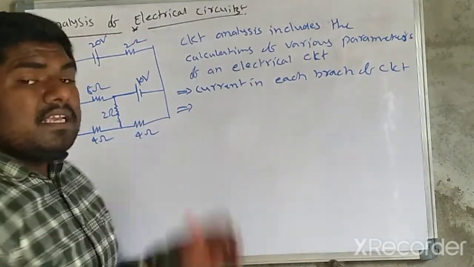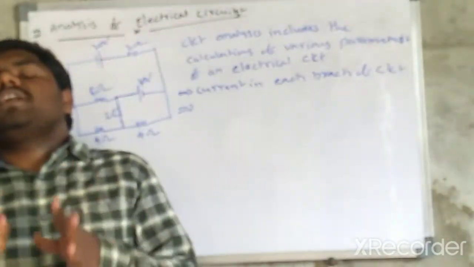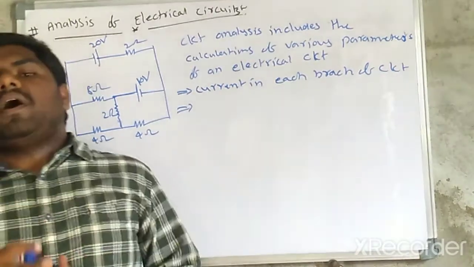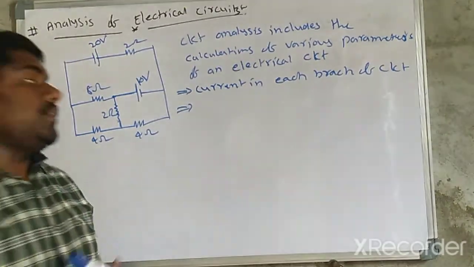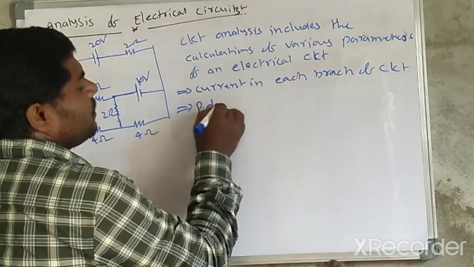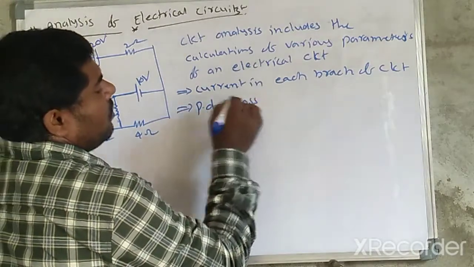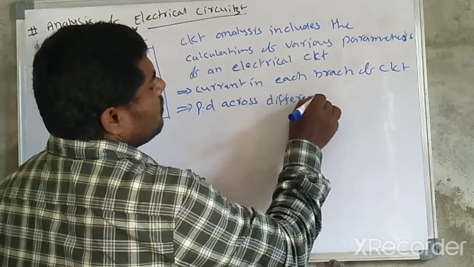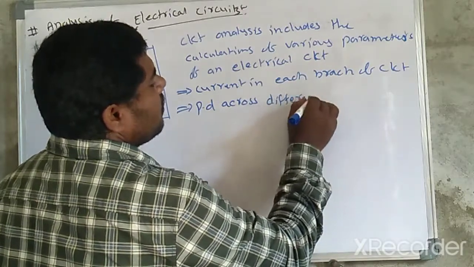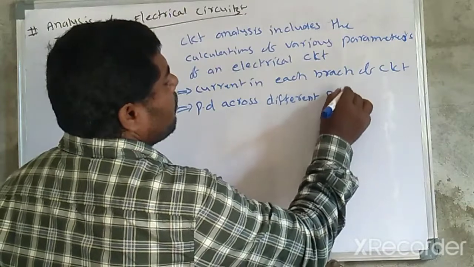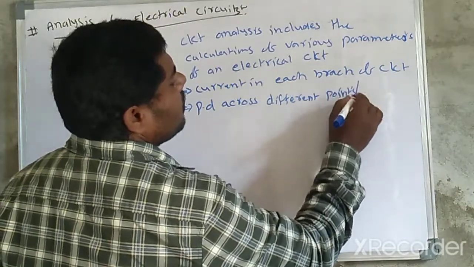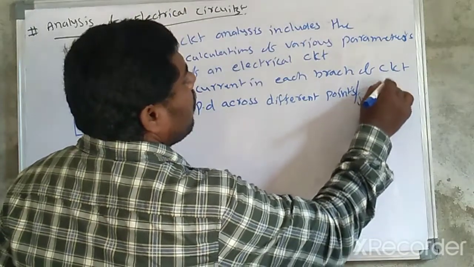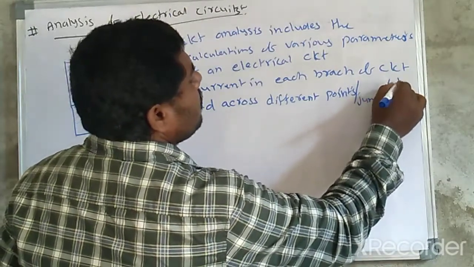Another one is the potential difference across different points or junctions of the circuit.